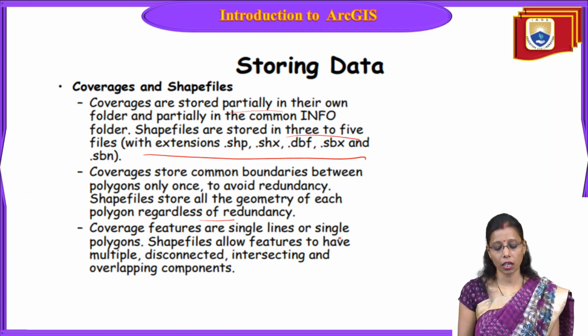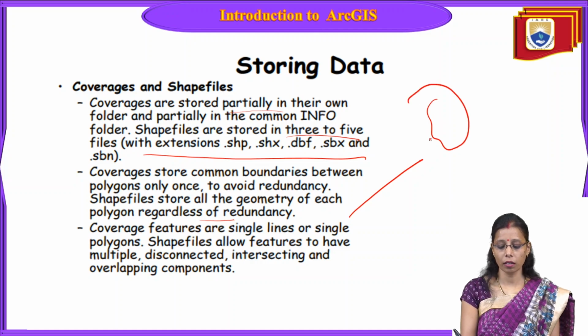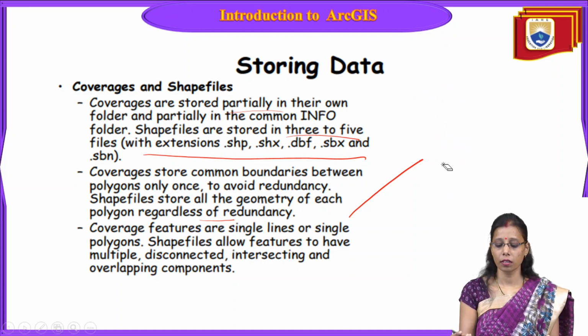Coverage features are single lines or single polygons. When you talk about coverages, these are not closed ones; a single polygon in this sense will be a line feature, and that line feature is just closed. If I want to fill this with a color, I am unable to, because it's a single line.